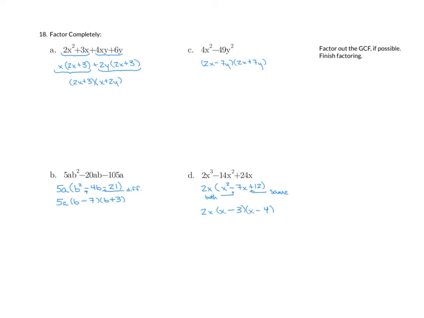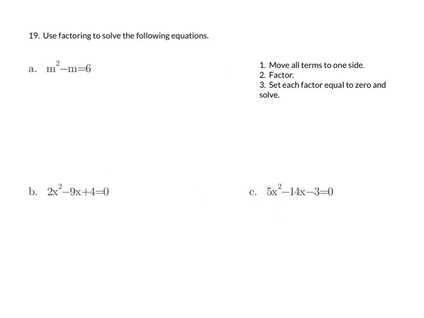All right, that takes care of some basic factoring. The next thing we're going to look at is solving quadratics using factoring. No quadratic formula on this one. Remember that in order to do this, we're going to move all terms to one side. We want to factor, and then we're going to set each factor equal to 0 and solve.